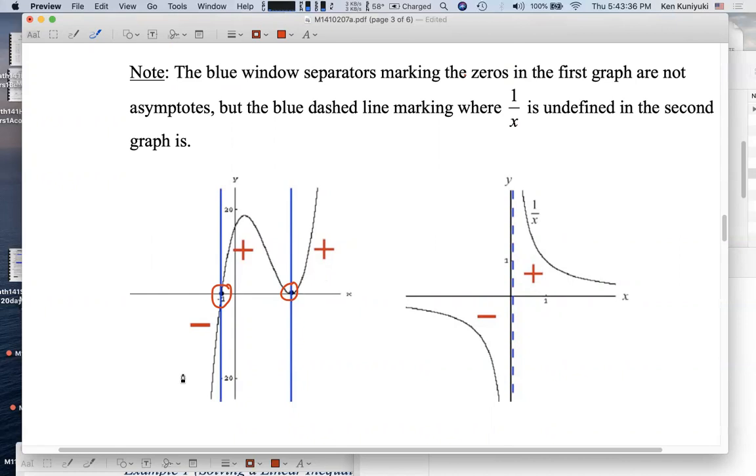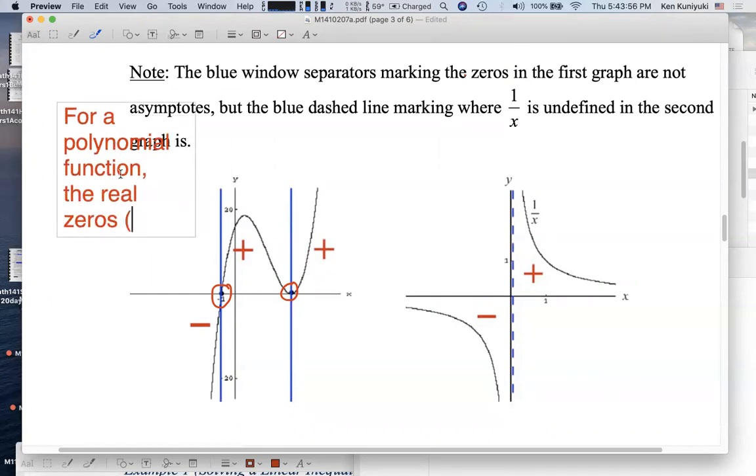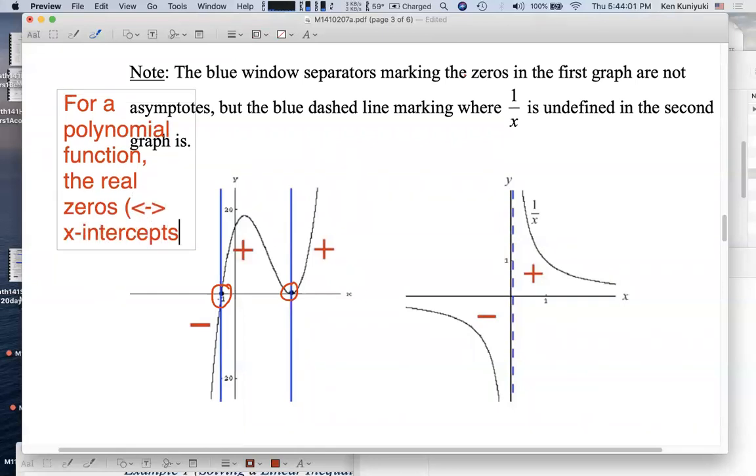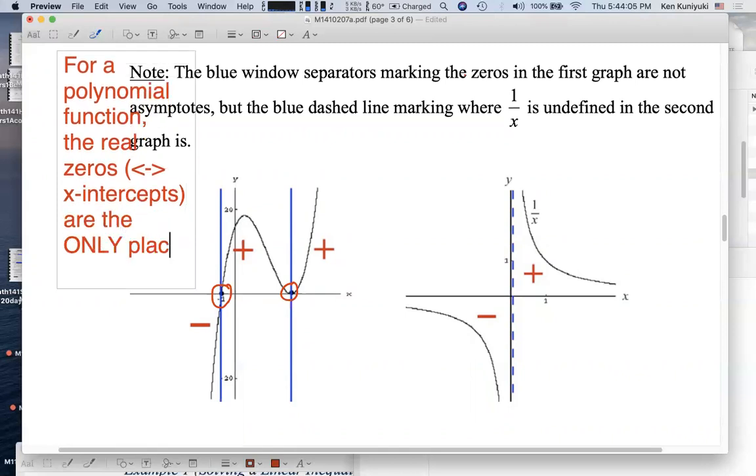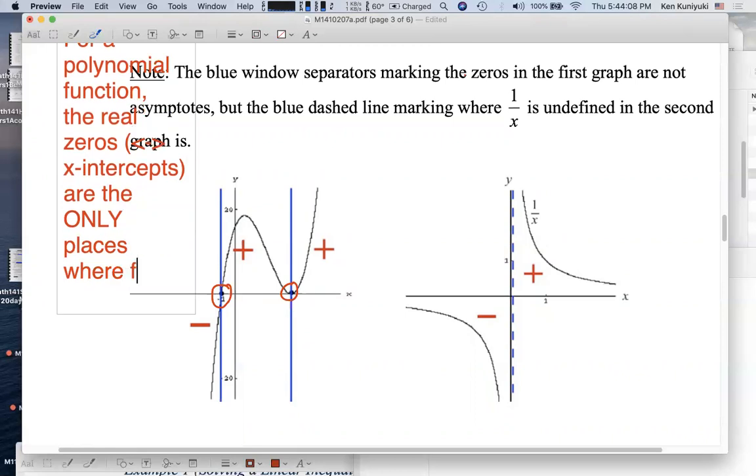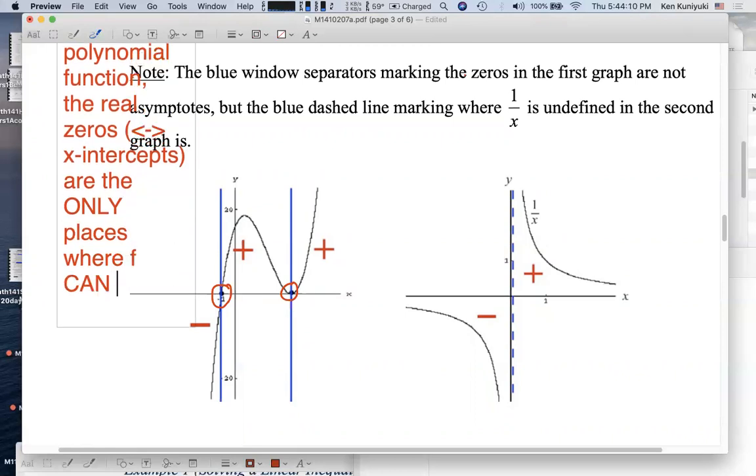Now, these two real zeros are the only places where this polynomial function can change sign. Okay, so for a polynomial function like this cubic, the real zeros, which correspond to the x-intercepts, are the only places where the function f can change sign.